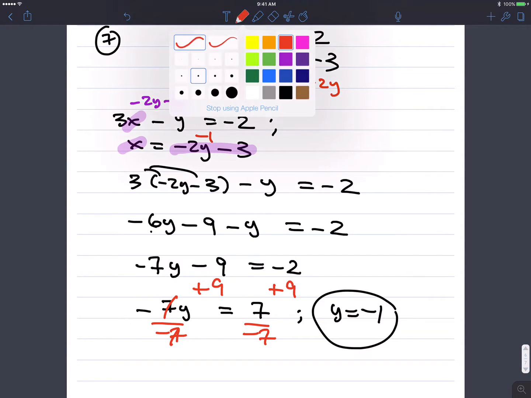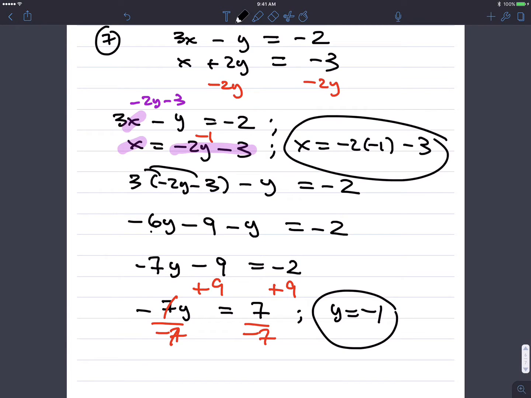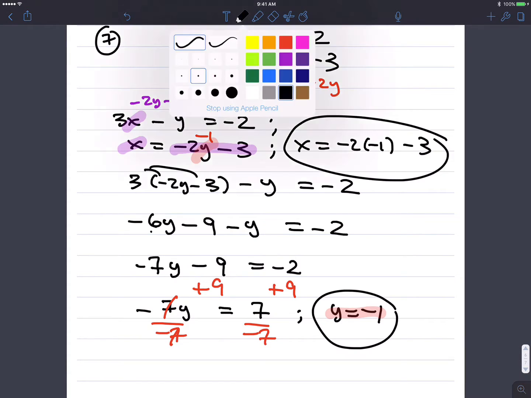This gives me, by back substitution, x equals negative 2 times negative 1 minus 3. We just plugged in y being negative 1 back up in here. We could plug in negative 1 for any of these equations. It won't matter.